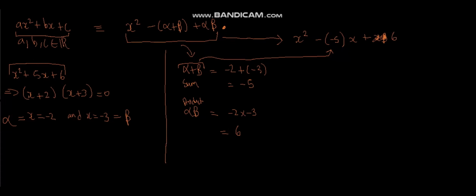Tidying this up, we will get x squared minus minus 5, which is just positive 5x, plus 6. So we got back our original equation. So we have shown that this here is a valid means of expressing a quadratic equation.